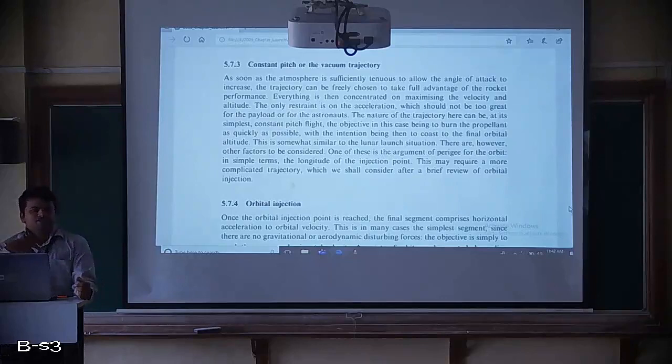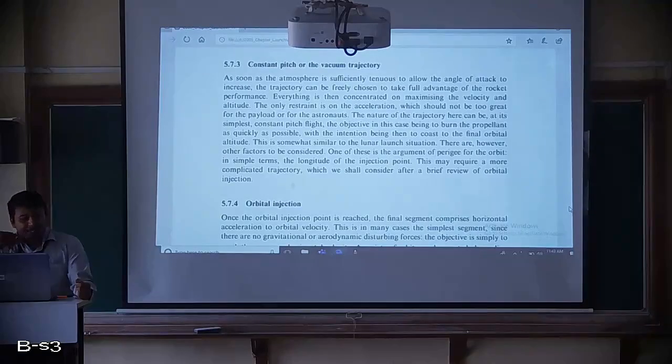Once our atmosphere is in favor of our rocket, it will allow us to increase the angle of attack, because after the transition region, as it starts moving, the atmosphere density will start reducing a little bit. So then it will help us to increase the angle of attack.